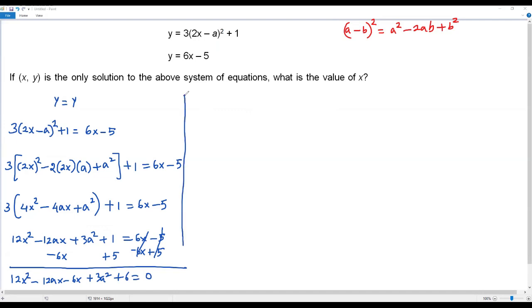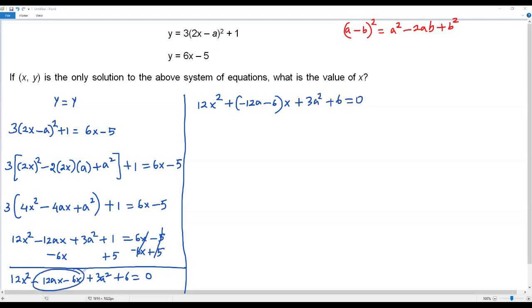Okay, now let me continue over here. So 12x². Now these two terms have the greatest common divisor x. Actually, it even has the greatest common divisor 6, but I consider only x as the greatest common divisor for these two terms. So x can be factored out. Then I'm getting (−12a − 6)x + 3a² + 6 = 0.